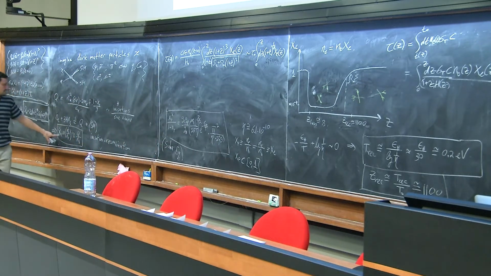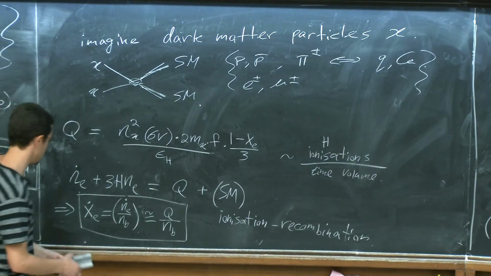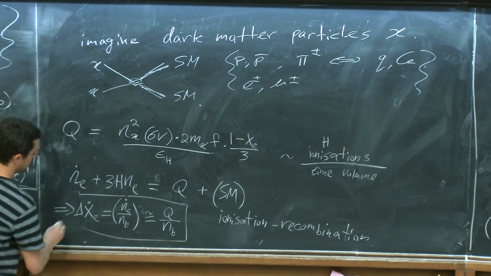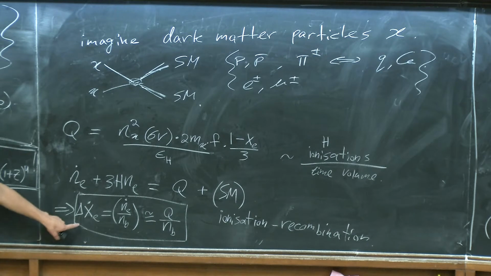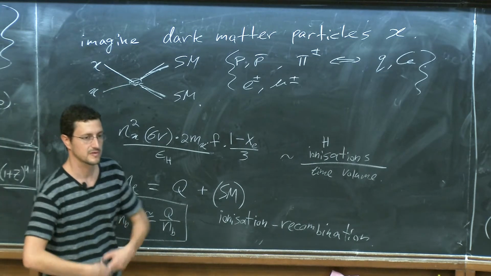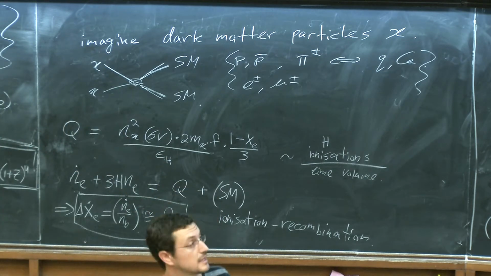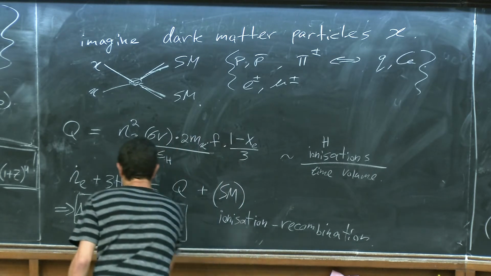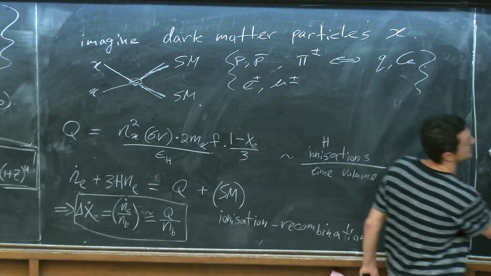Then I can integrate in time to find what is the correction of Xe because of this term, okay? So actually, to be more precise, let me call this term delta Xe dot. By the delta, I mean this is the contribution really of the new physics of this dark matter annihilation to the Xe. Okay, let me erase the Saha equation.